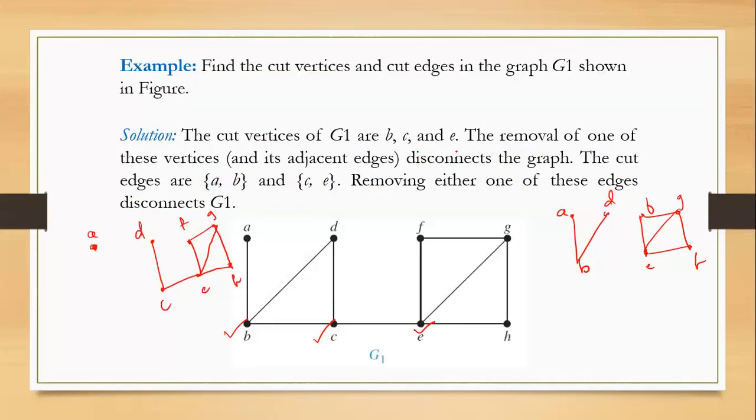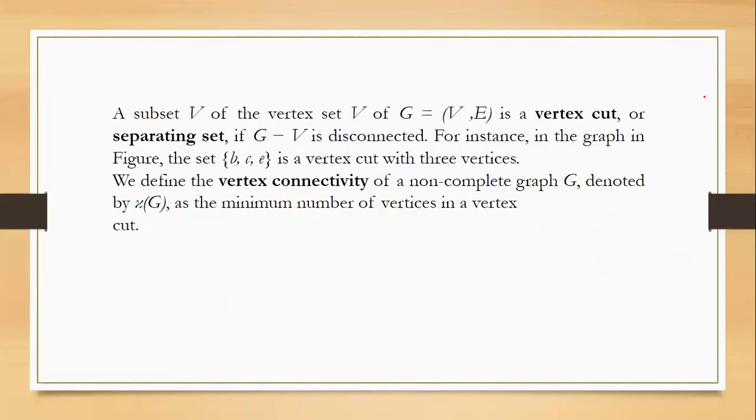So if we write these three vertices together in a set, they will be known as a vertex cut. Why? Because they are disconnecting the graph. We define the vertex connectivity of a non-complete graph G, denoted by the Greek symbol kappa, as the minimum number of vertices in a vertex cut.